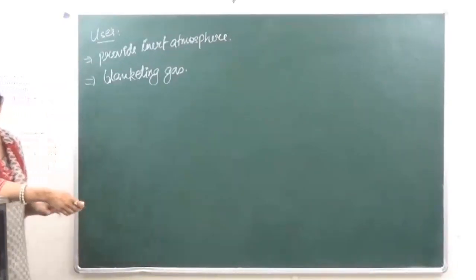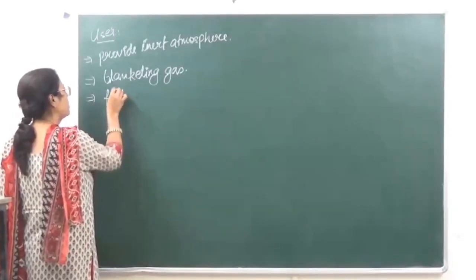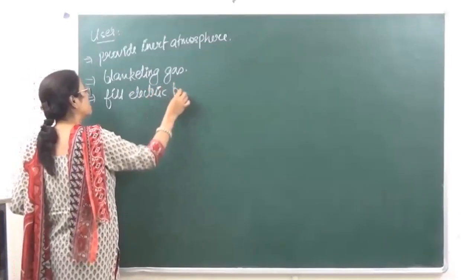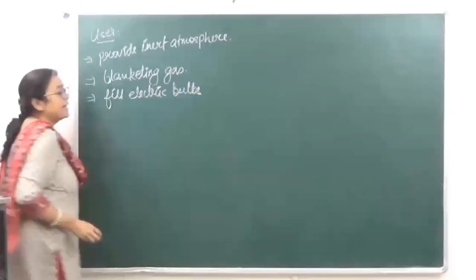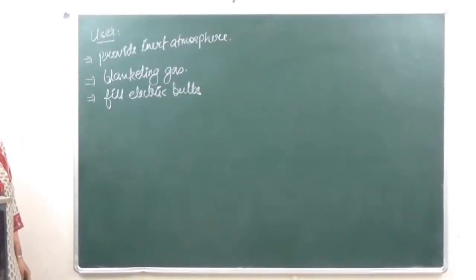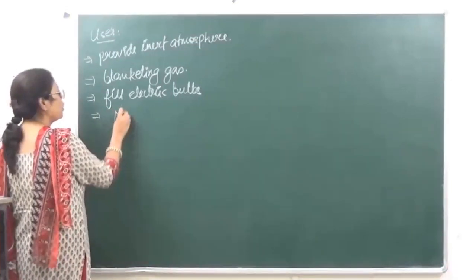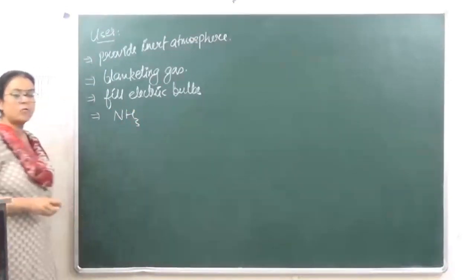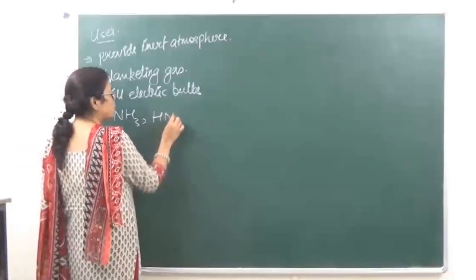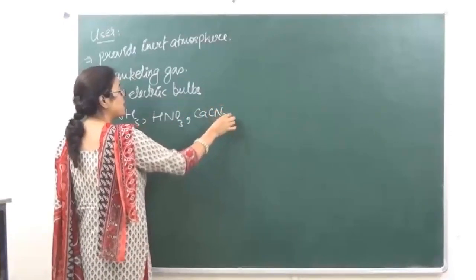Okay. Then the third is it is used to fill electric bulbs. It is also used in the manufacture of many important compounds like ammonia, nitric acid and calcium cyanamide.